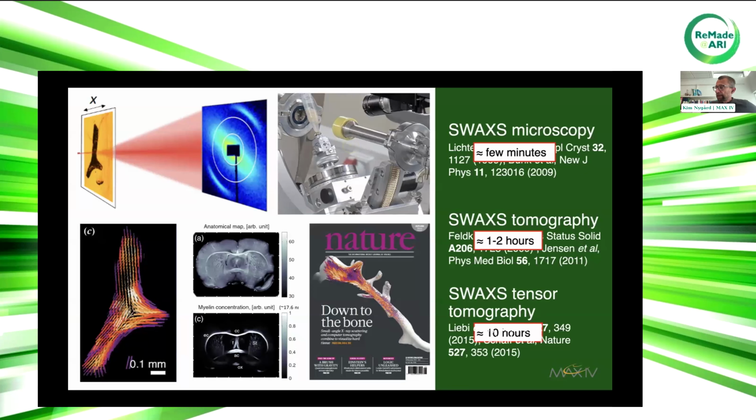If you take 100 lines in your image, then that's a couple of minutes. But if you want to do tomography, then you add 50 projections or so, and we're suddenly talking about a couple of hours, maybe. If you do tensor tomography, at 5, 6, 7, 8 tilt angles, then we're talking about tens of hours.